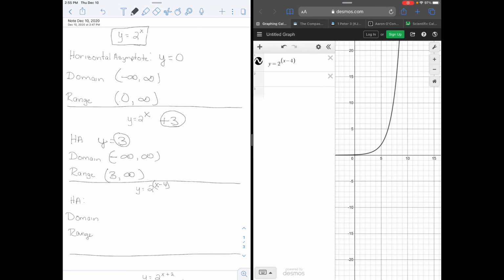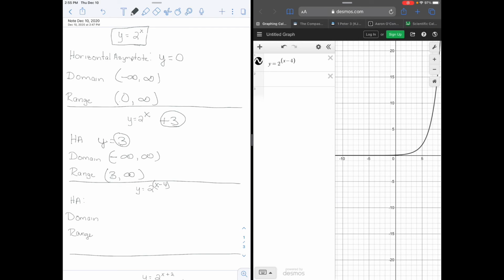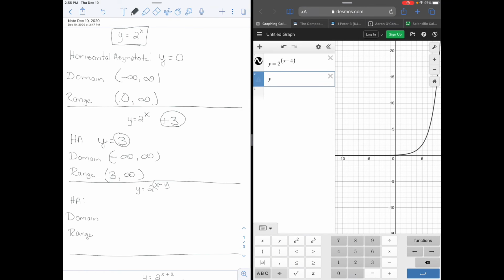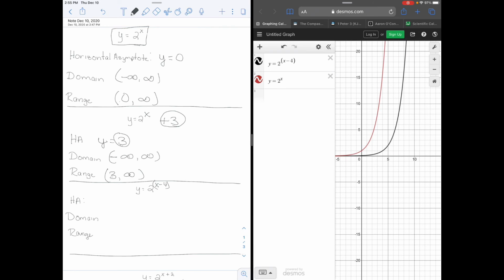Okay, we should expect that that moved it 4 units to the right. Let me graph the parent function so you can see that easier. Okay, so the red is the original, and you see that it moved it 4 units to the right. Okay, and we would expect that.